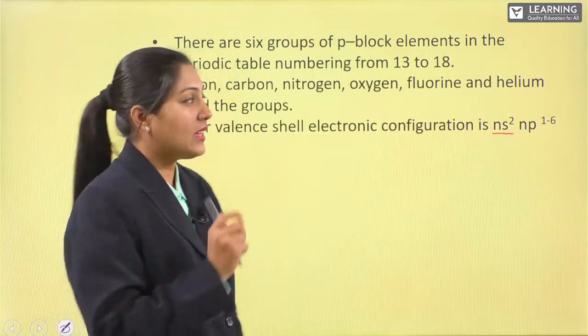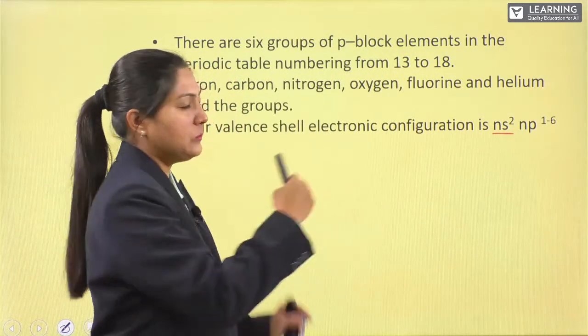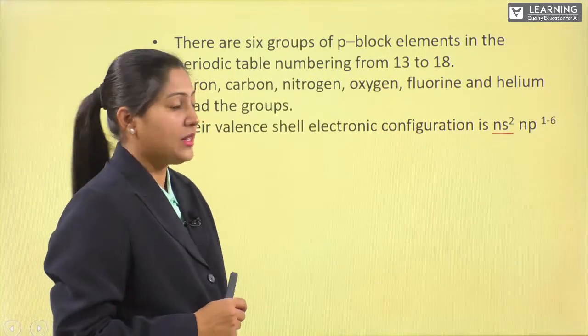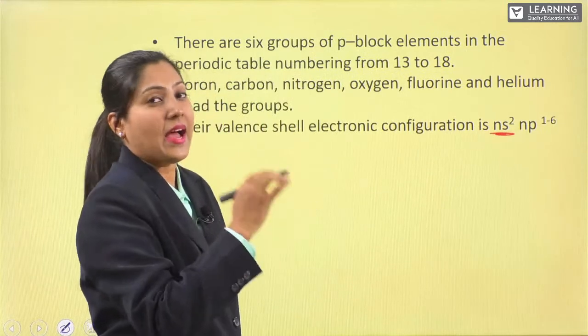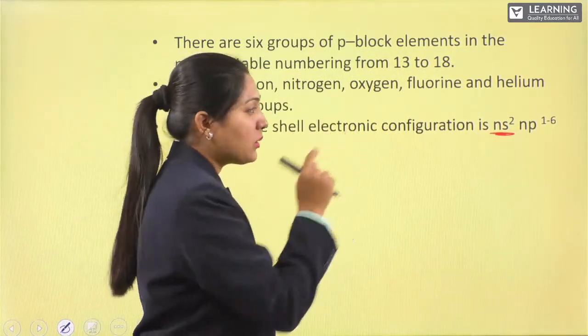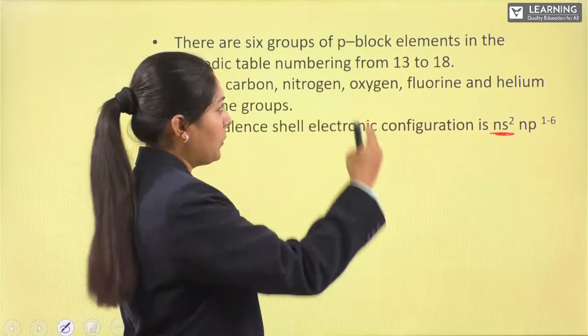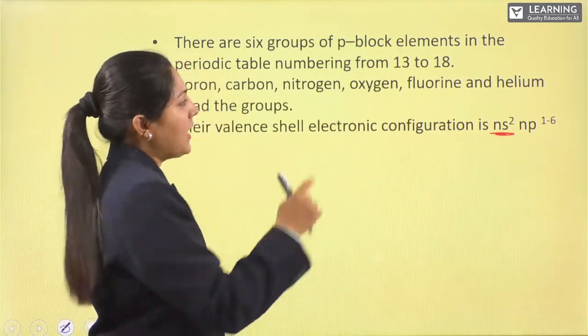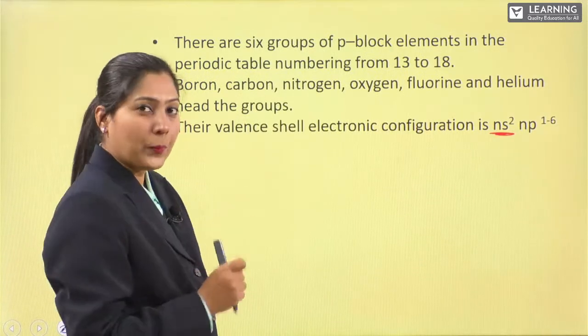Whereas here the electrons which are entering into the p orbital will be grouped under p block elements. So the s orbital is already completely filled, and the next electron to the outermost shell, which goes to the p orbital, will be grouped under p block elements, and we get ns2 np1 to 6.